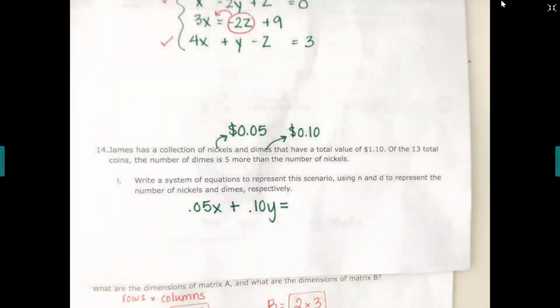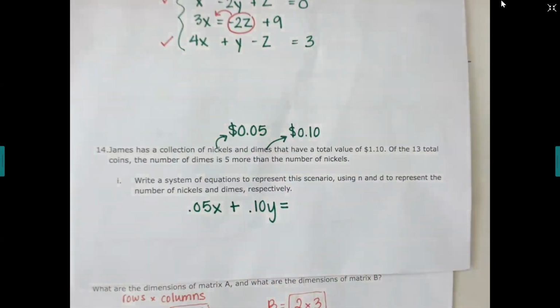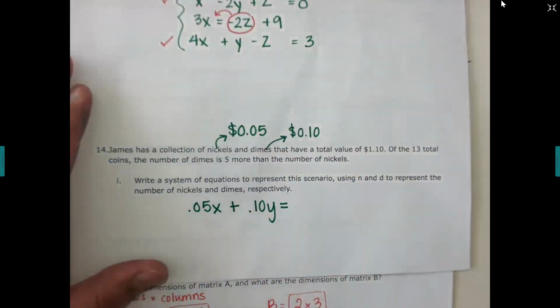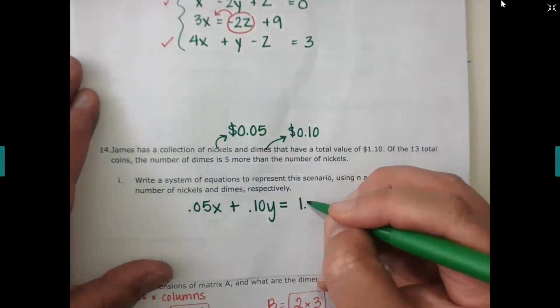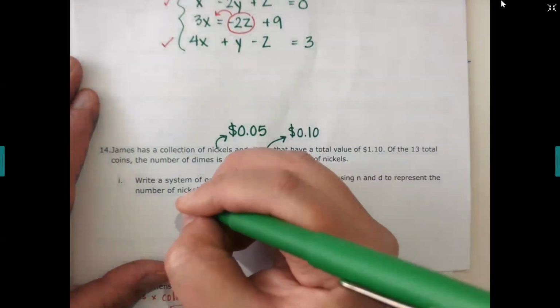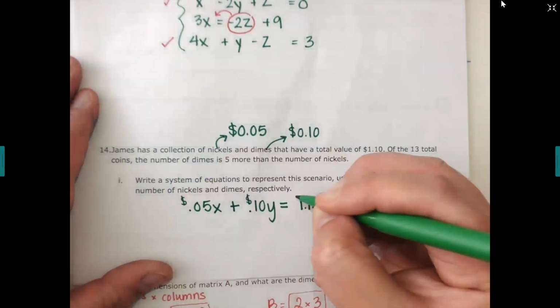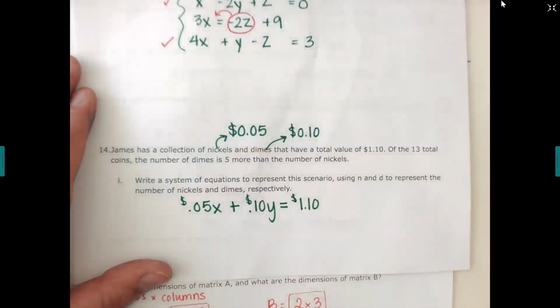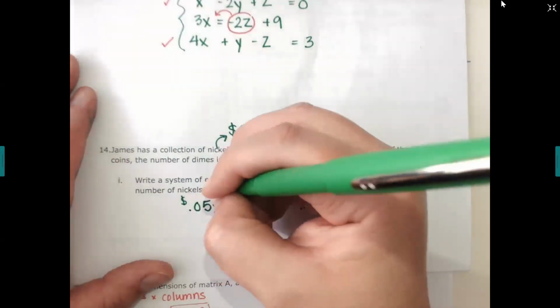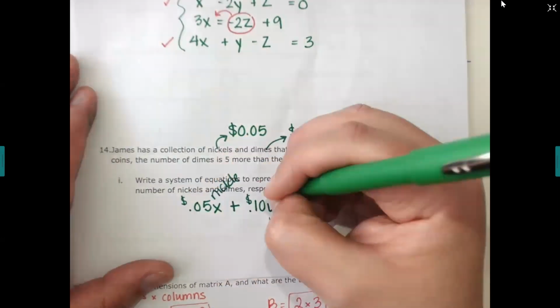And then if these are money, remember that they should equal more money. So what other number in the equation is money? The 1.10, very good. So remember, it's money, money, money. And then X was the nickels, and Y was the dime.